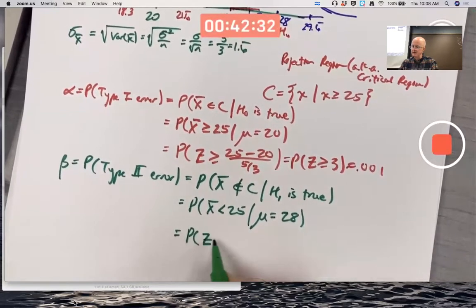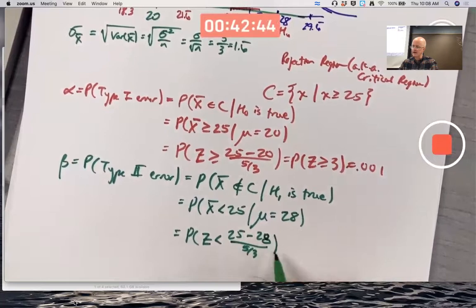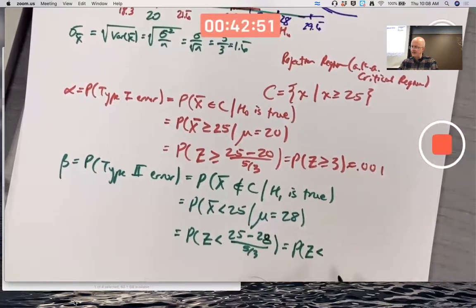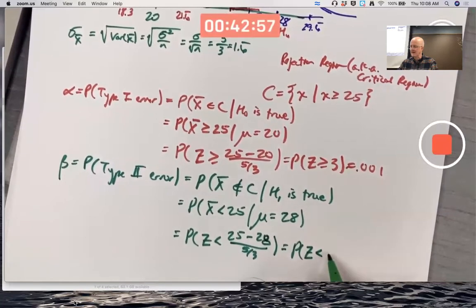And do the calculation. Don't subtract 20 like I just accidentally did there. Subtract 28. -3 divided by 5/3 is -9/5, right? Do that in my head. -1.8.